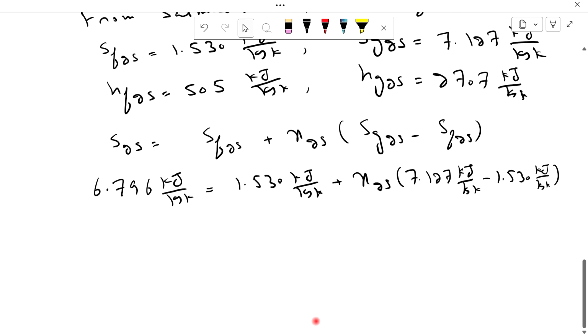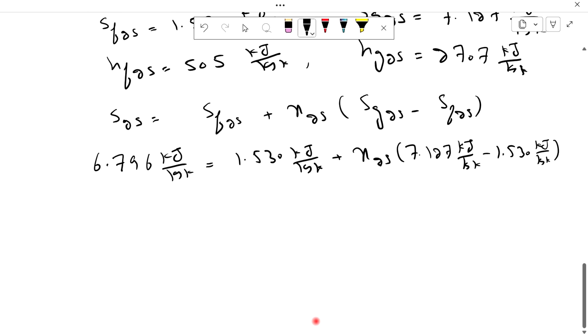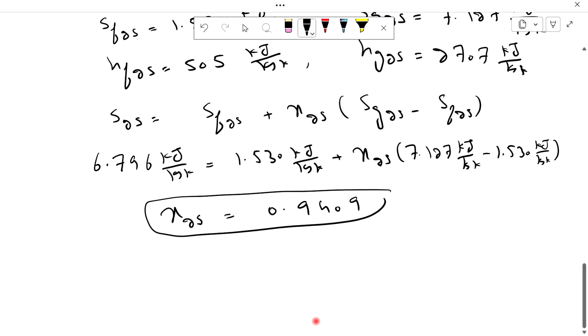Now this is a simple equation. All things are known, only X2S is unknown. So rearrange and simplify this equation and find X2S, which is equal to 0.9409.